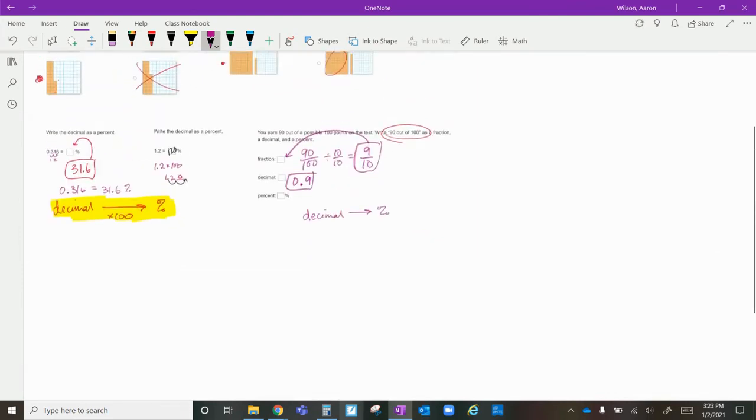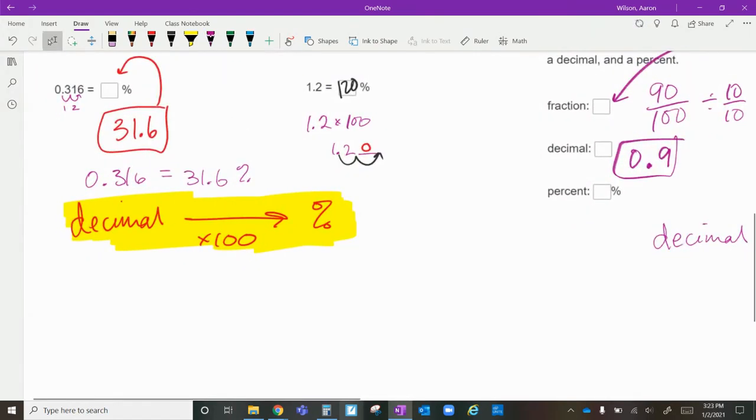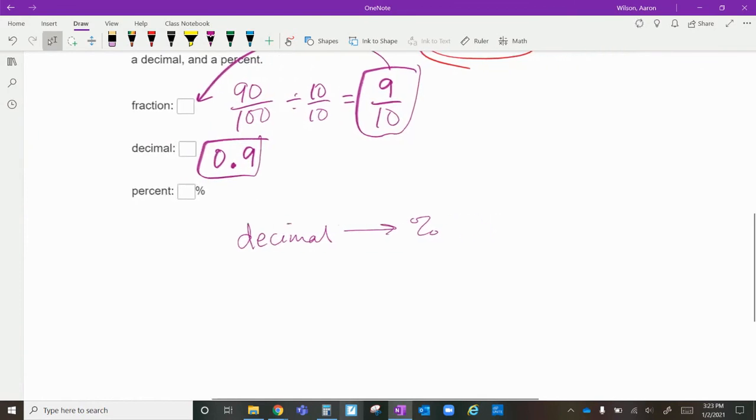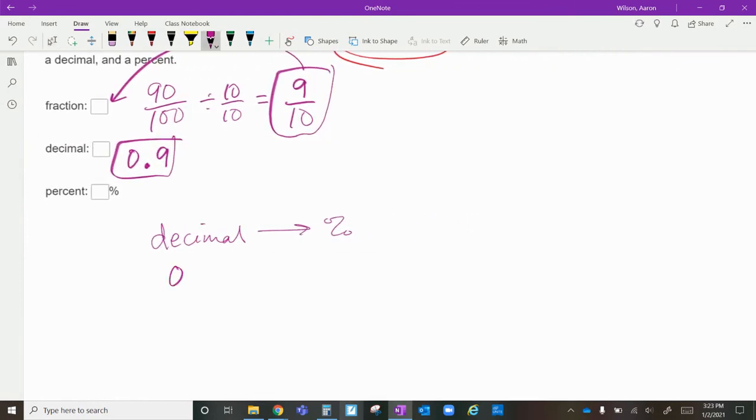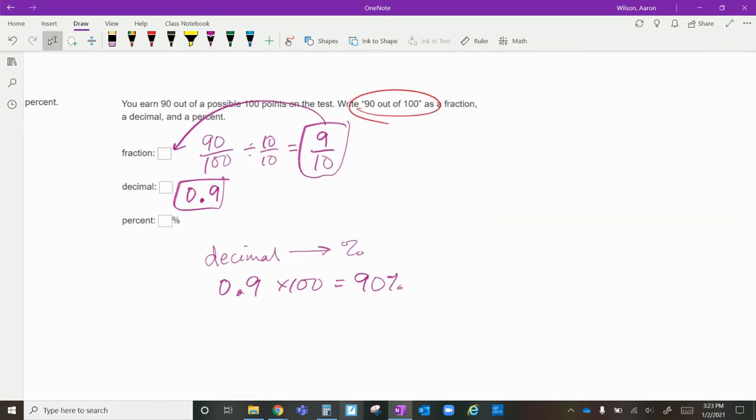To go from a decimal to a percentage, all we're doing is multiplying by 100. So we're going to take our decimal, which was 0.9, and I'm going to multiply that by 100, which will give us 90%, which is why the percent version of 90 out of 100 is simply 90%.